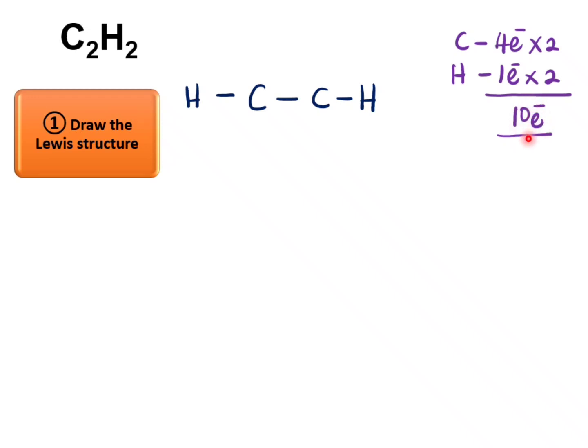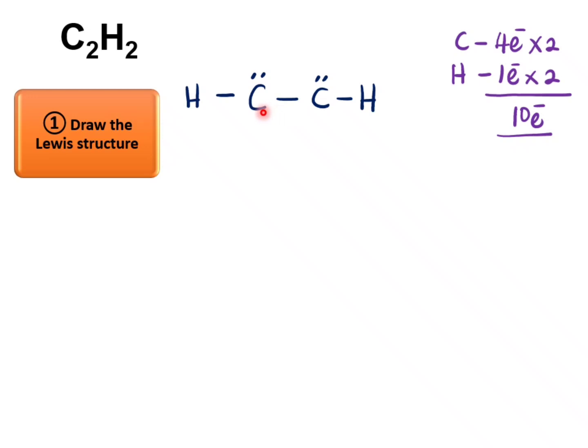So the extra electron normally we put on the central atom. So like this. Okay, because we have 2 central atoms, so we divide equally. 2 electrons are given to the first carbon and 2 electrons to the second carbon. And now check 2, 4, 6, 8, 10. So we have 10 electrons.